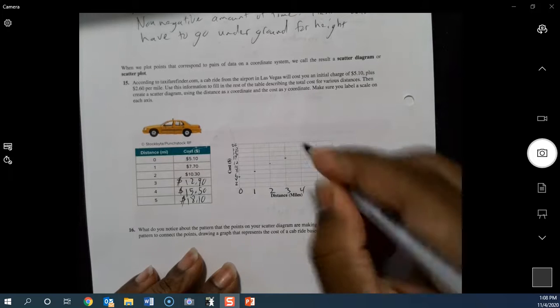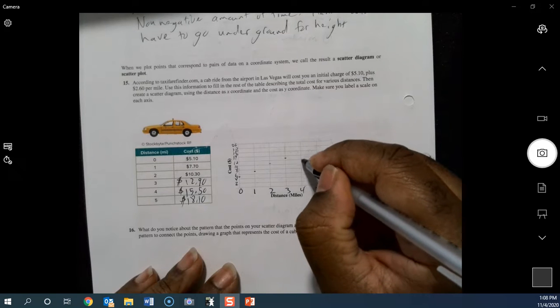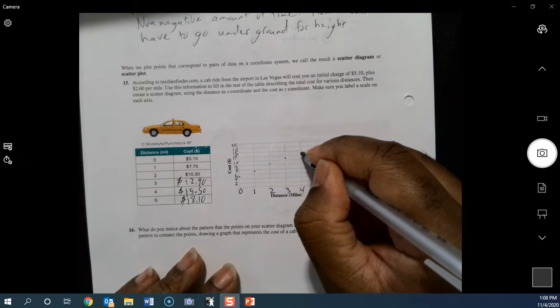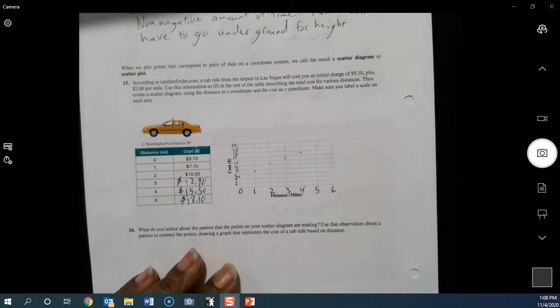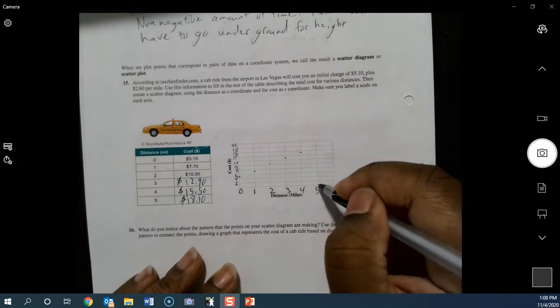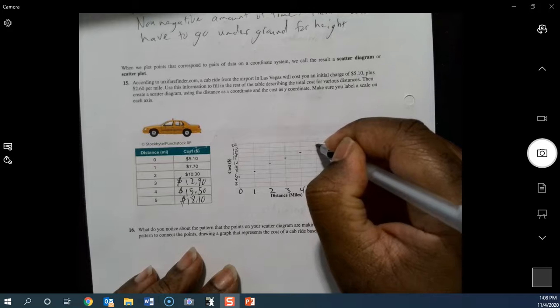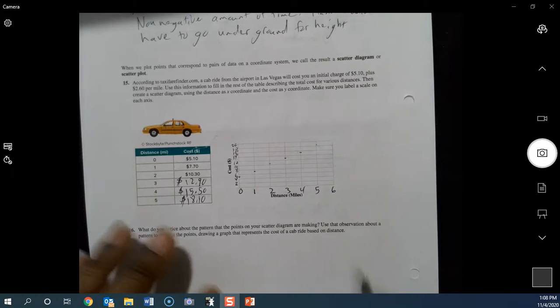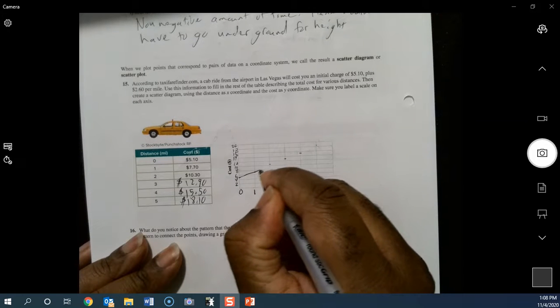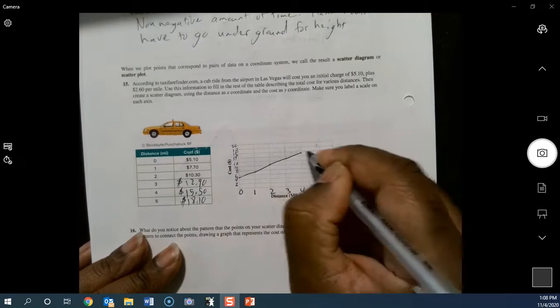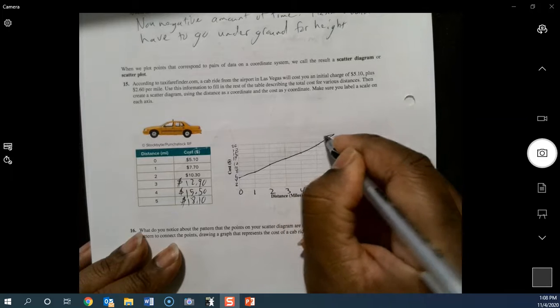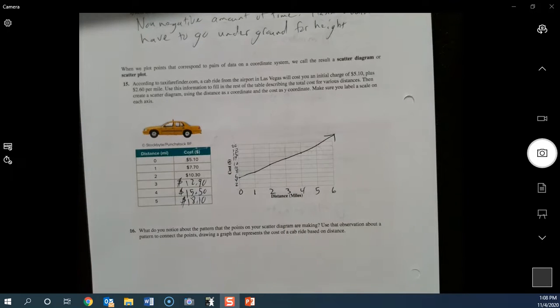And then 4 miles, it'll be 15.50, a little bit past the middle, in between 14 and 16. And then 5 would be 18.10, a little bit above 18. Now we could connect those points. And there's our graph. It's a little bit off because I didn't have a straight edge, but it's pretty good.